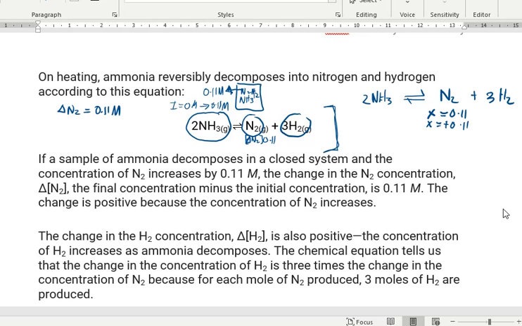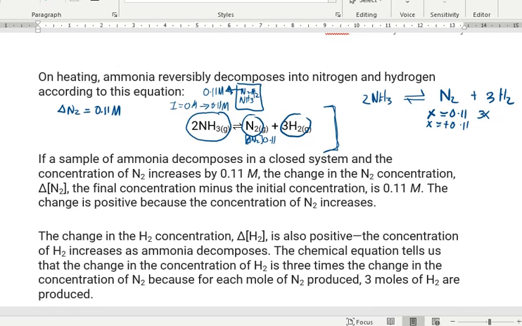Now, we know that for every 2NH3, 1 N2 is produced and 3 H2 are produced. Which means that at time t, if 0.11 molar N2 was produced from 0 molar N2 initially, that means this should be 3x, right?